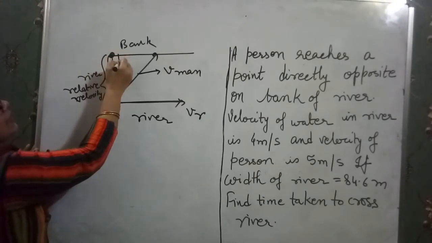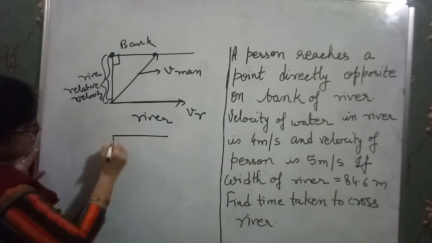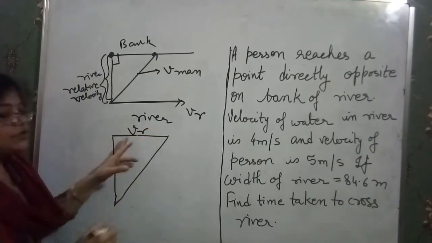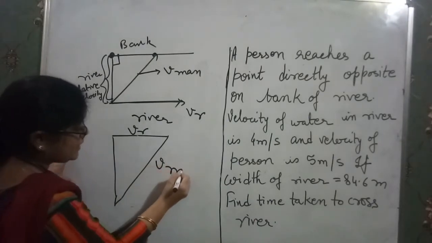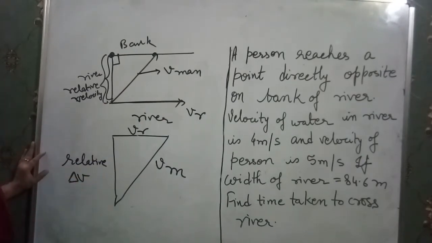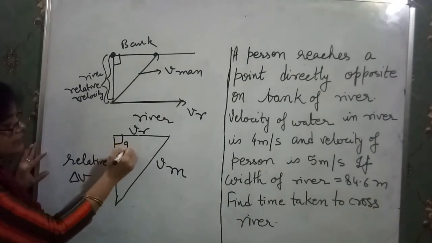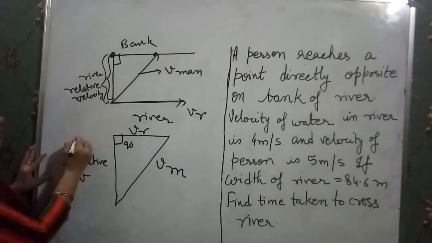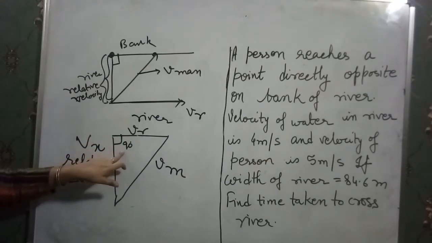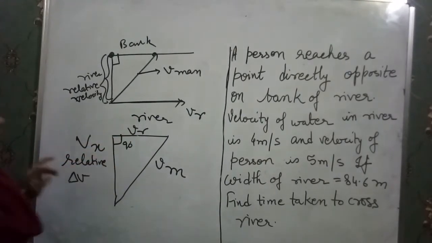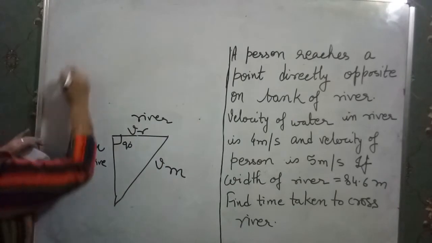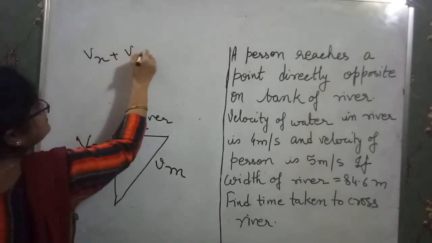So when we apply the Pythagoras theorem, we have it like this. This is Vr, the velocity of the river, this is the velocity of the man, and this is the relative velocity, that means delta V. Now this is 90 degrees. For example, I will take it as Vx. So we have to add Vr and Vx because it is 90 degrees, from the Pythagoras theorem. So Vx plus Vr is equal to V of man.